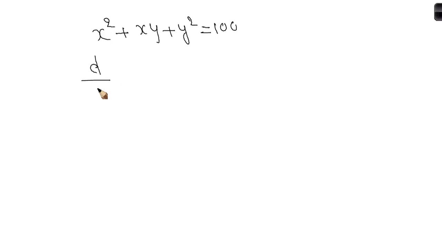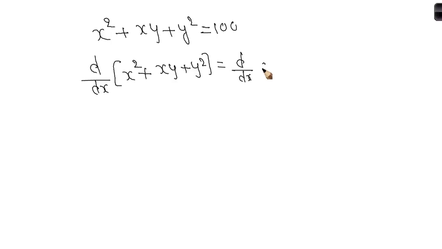Let me solve the next question, that is x square plus xy plus y square is equal to 100. How to find the differentiation of this function is to find the derivative of this function on both sides. Derivative of x square plus xy plus y square is equal to the derivative of 100 with respect to x. 100 is a constant, so this derivative will be 0.